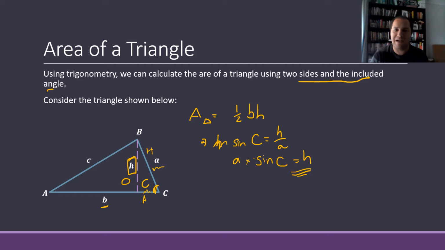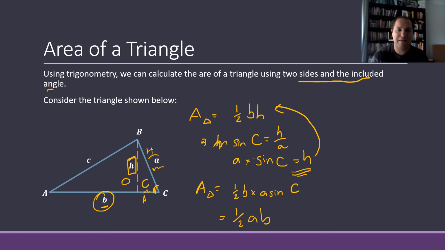Our perpendicular height is equal to a times the sine of our angle C. Now substituting that back into our formula, the area of our triangle is going to be half b times a sine C. Rearranging that so it looks a little bit nicer, the area of our triangle is half a times b, half of this length times the sine of the included angle between them.